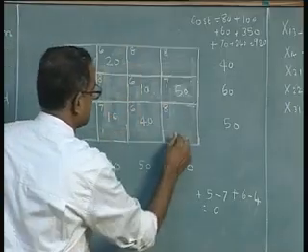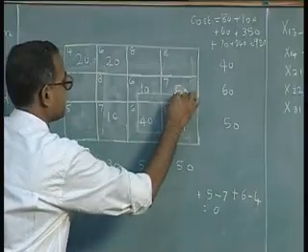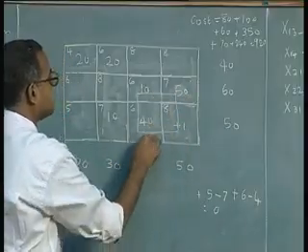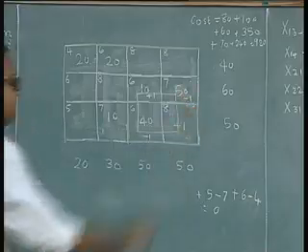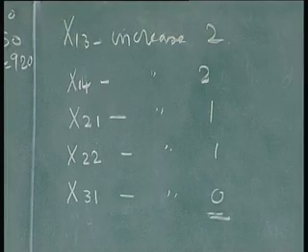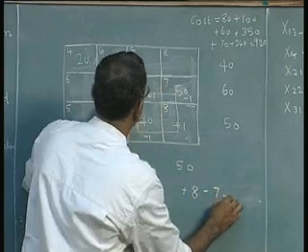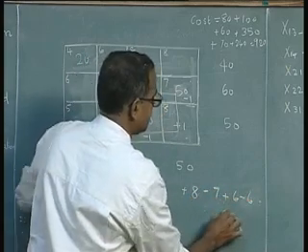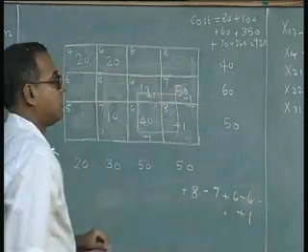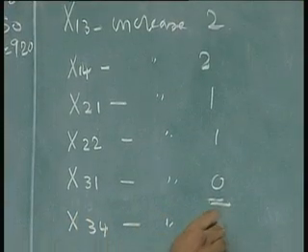This is the last position, so we put a plus 1 and this is how your loop is, minus 1, plus 1, minus 1. So the effect of this will be plus 8, minus 7, plus 6, minus 6, which is plus 1. So x34 would give us an increase of 1.